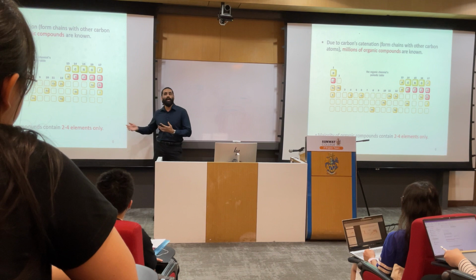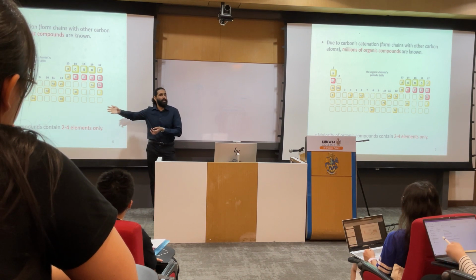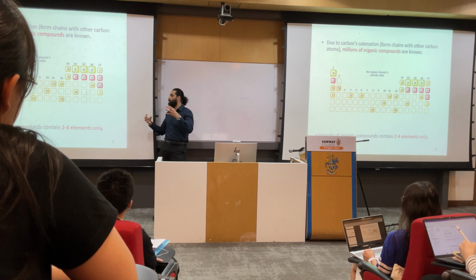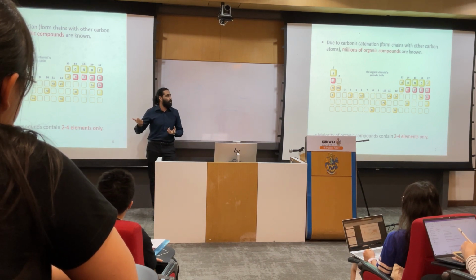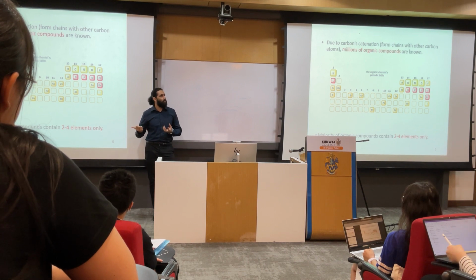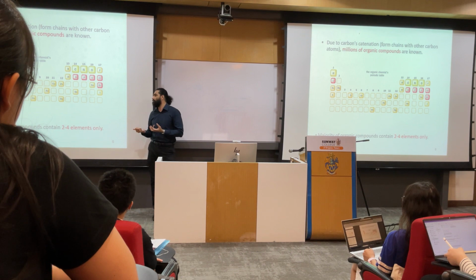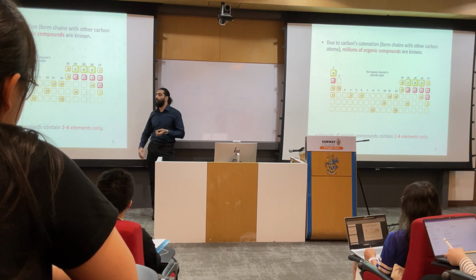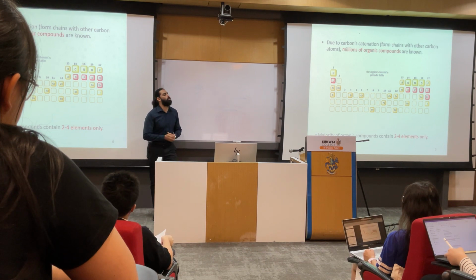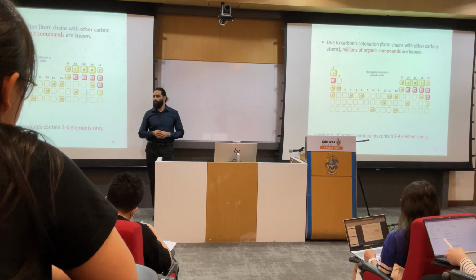Not many other elements can bond with itself. They need a suitable partner to make a suitable bond. But carbon, on the other hand, can form many different structural bonds with other carbons. And that ability is called catenation. You would have heard this term before, no?